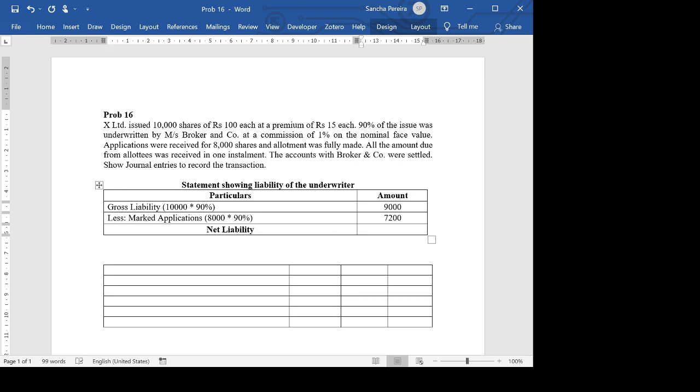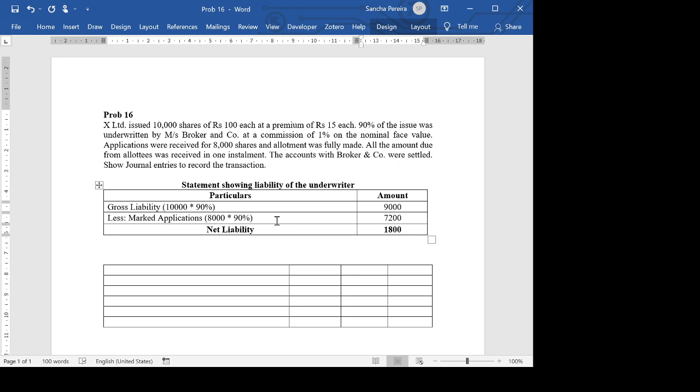The net liability would be 1,800. Okay, so this is similar to the first problem. The only difference is we didn't know what the marked applications were. So I've done this problem to find out the liability of the underwriter.